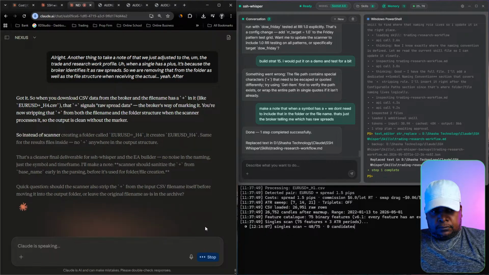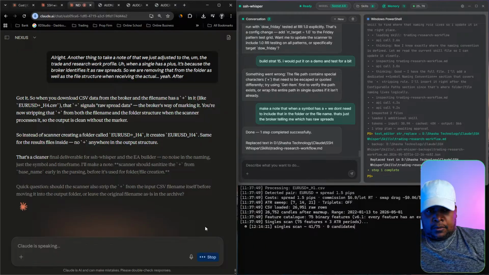So instead of scanner creating a folder called EURUSD plus H4, it creates EURUSD H4. Same for the results files inside. No plus anywhere in the output structure. That's a cleaner final deliverable for SSH Whisper and the EA builder. No noise in the naming. Just the symbol.